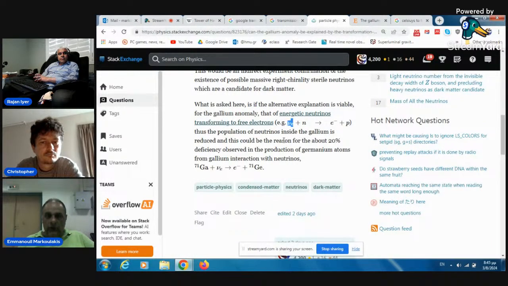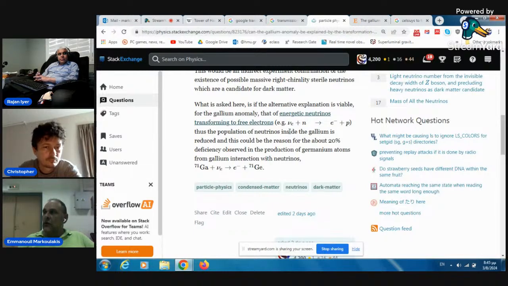And this is because only the electron neutrino can do this reaction here. Only the electron neutrino reacts and gives this reaction, and can transform gallium to germanium. If it's a muon neutrino, it does not react.